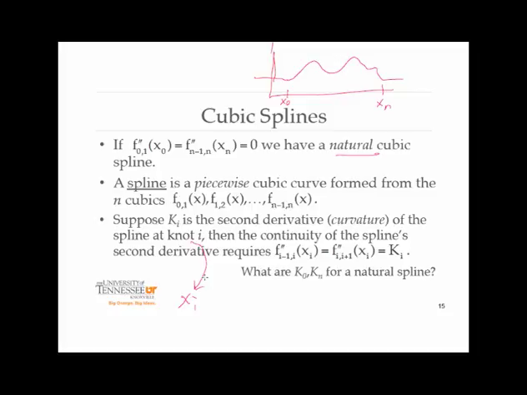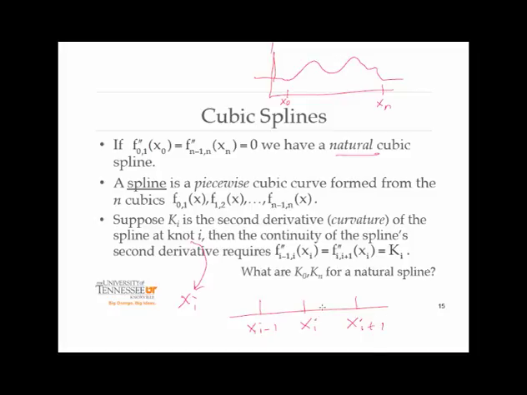The constraint is that we want the second derivative on successive subintervals to be equal at a data point. So for example, if we go back to our grid, and this was x_{i-1}, and this was the point x_i, and this was the data point x_{i+1}.